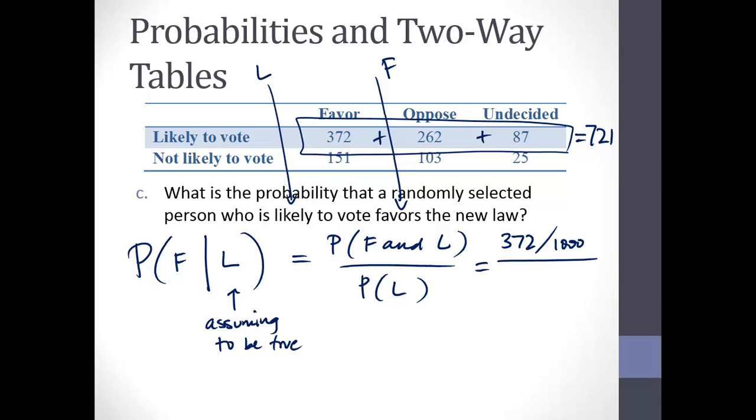So the probability of being likely to vote, again, out of everybody in the table is 721 out of 1,000. And then if you simplify that, that comes down to 372 out of 721, or 0.5156.